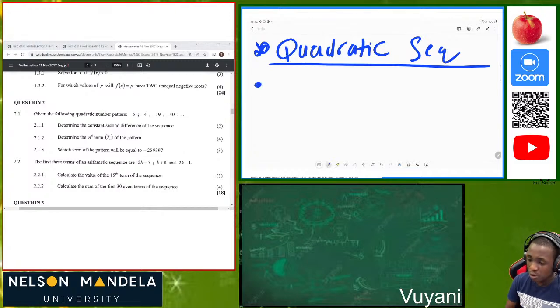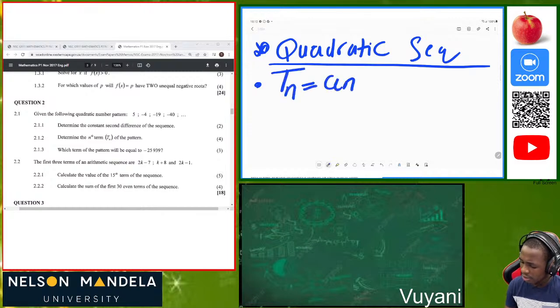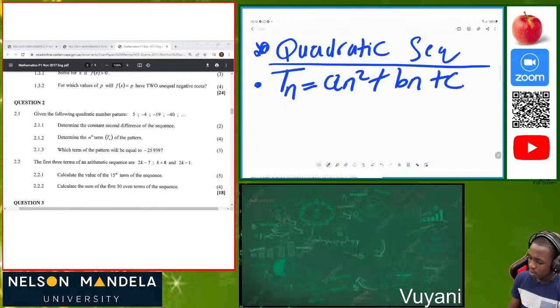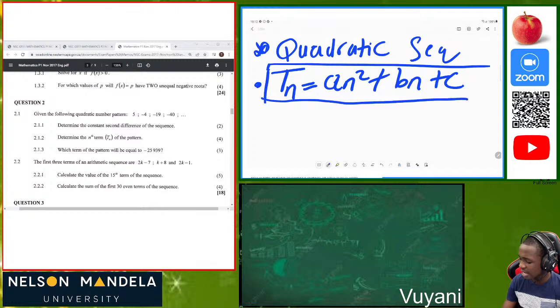The first point about a quadratic sequence is that it has a general term Tn, which is equivalent to an squared plus bn plus c. So this is our general form. When they say calculate the Tn formula, or the nth term formula, or the general formula, you must always know that we use Tn is equal to an squared plus bn plus c.